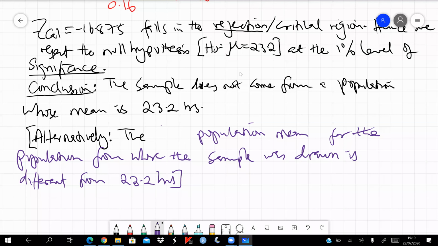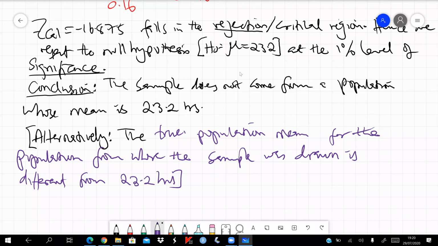In other words, you talk about mu here. So the mu of the population from where we got this sample is not 23.2. So this sample came from a population whose mean is not 23.2. Those two statements are equivalent. You can use whichever you feel is easier. So basically, that's how you test hypothesis. That's how you make your conclusions.